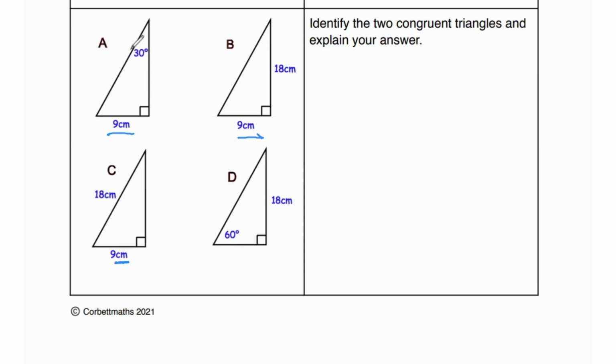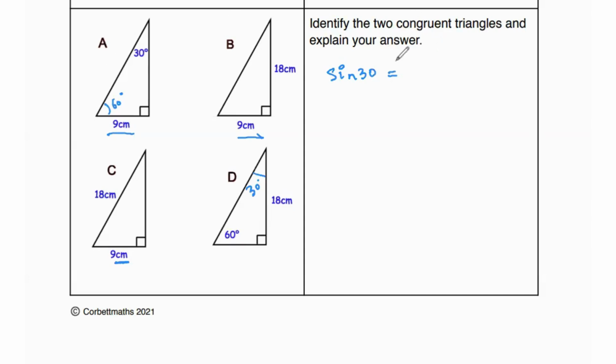If this is 30 and this is 90, this is obviously 60. Same for here, this would be 30 as well. Now for the length, if we find this length, we can use sine 30, which would give us this hypotenuse.